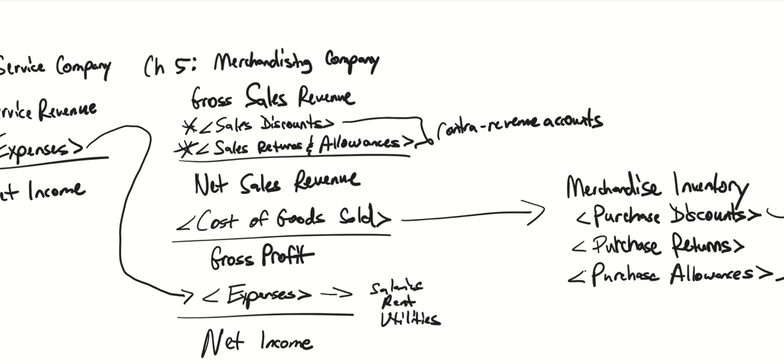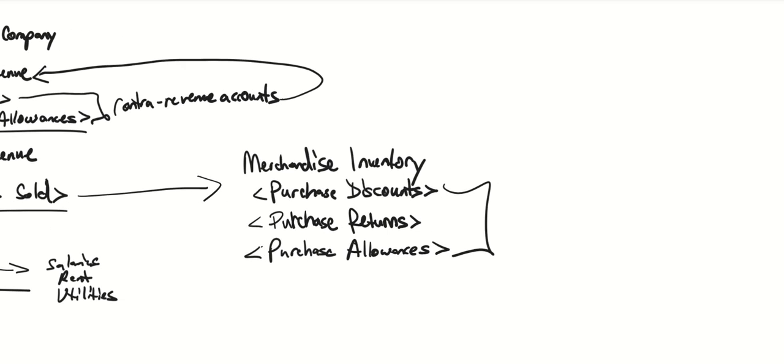Contra revenue accounts are accounts that are directly connected to the main account. In this case, it's connected to the main revenue account of sales revenue. But here, the purchase discounts, returns, and allowances are not actual accounts.